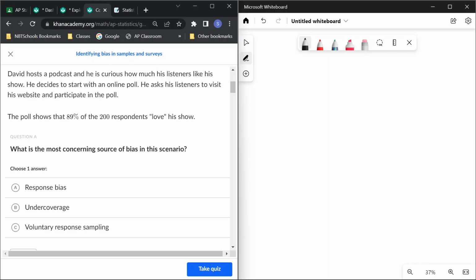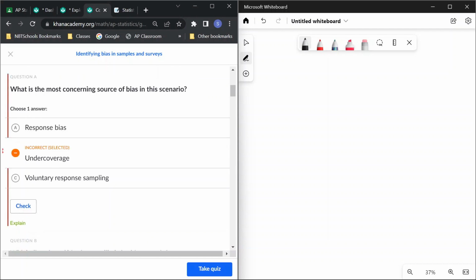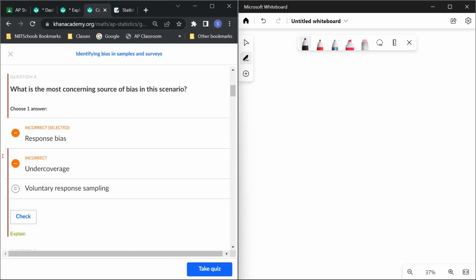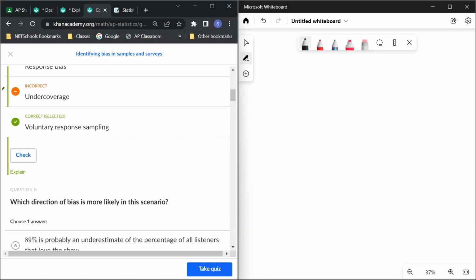So that is, is that response bias or under coverage? I think it's under coverage because it's not covering everybody. Or maybe it's response bias. Voluntary response.